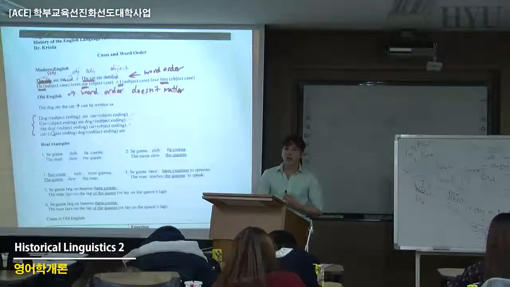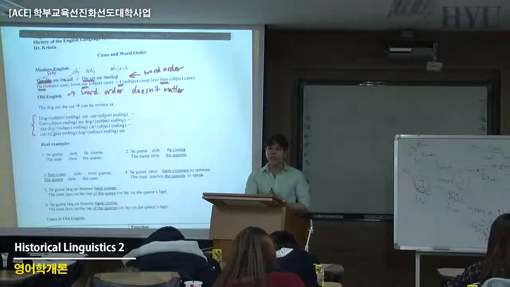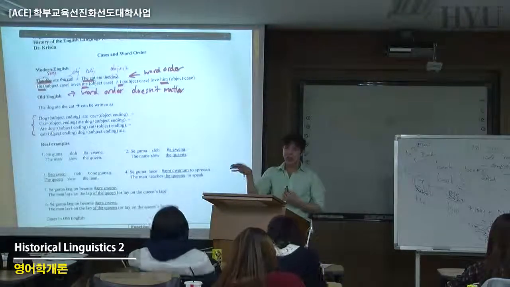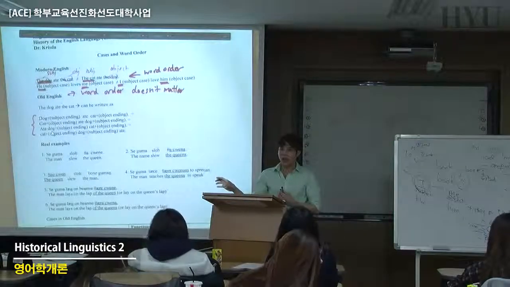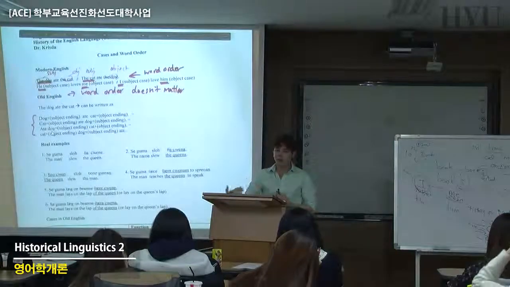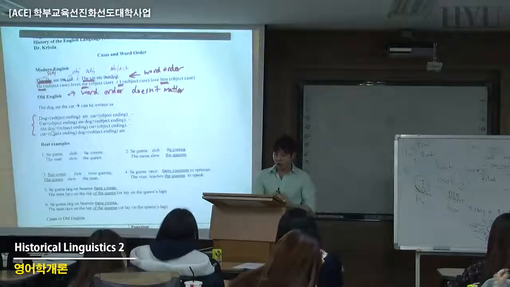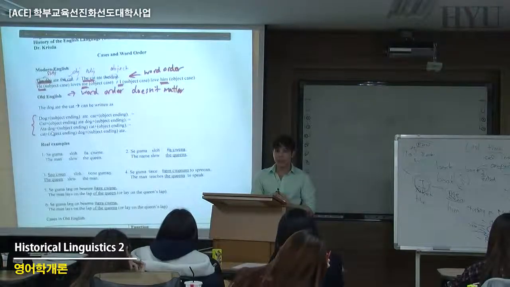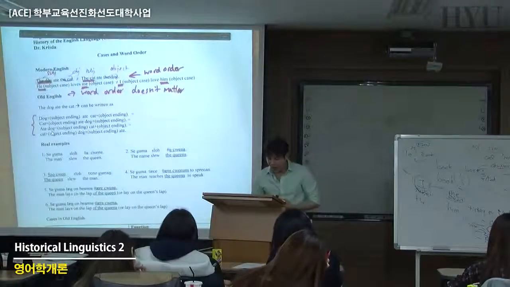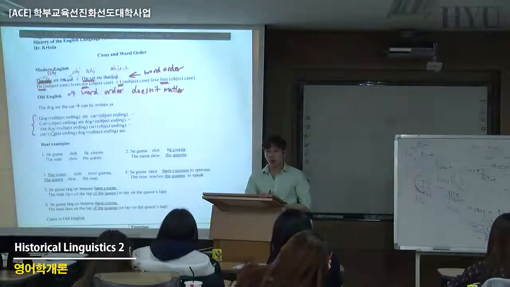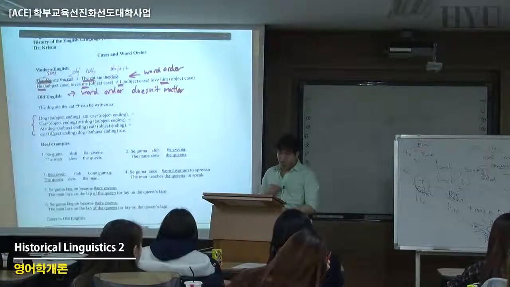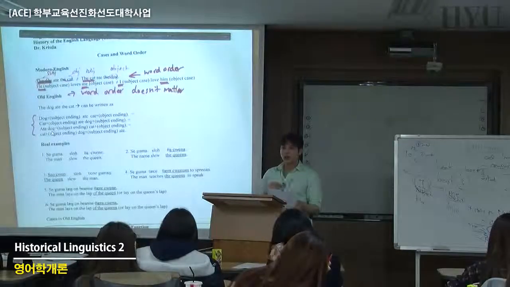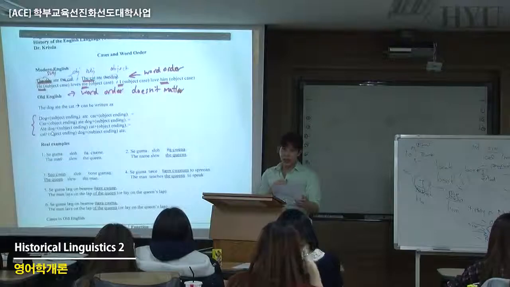Okay? So again, this is confusing because each case and each number, singular or plural, needs a different ending altogether. But if you are familiar with the endings, then you can tell right away what case it is in. Okay? And also, it doesn't matter the word order. Okay? So you don't have to memorize the endings, but you need to understand what case a noun is in.